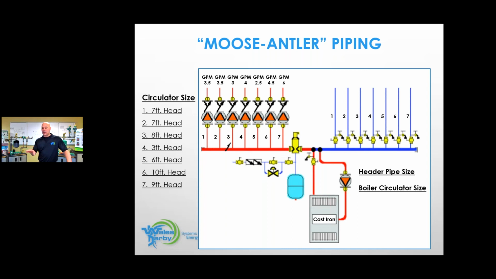So what your job is now is to take heat circuit 1 with flow rate 1, head and flow, and calculate what the circulator should be for 1, 2, 3, 4, 5, 6, and 7.